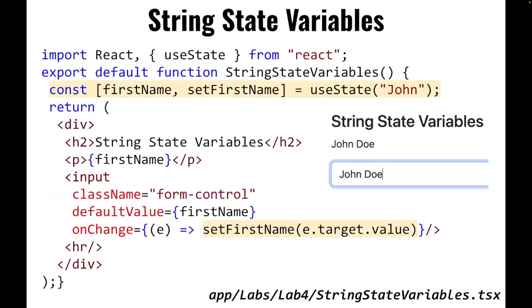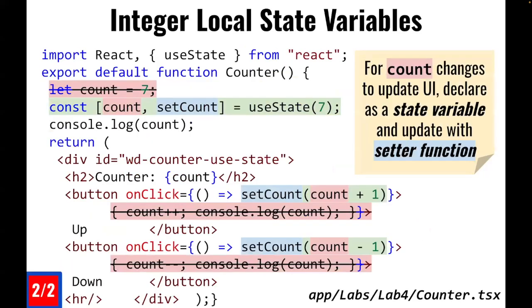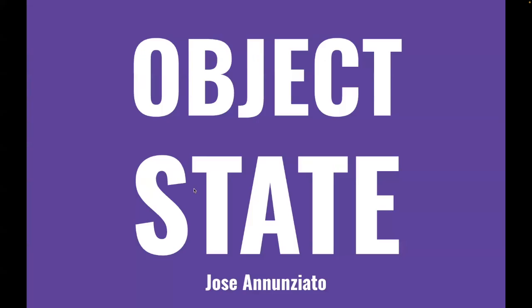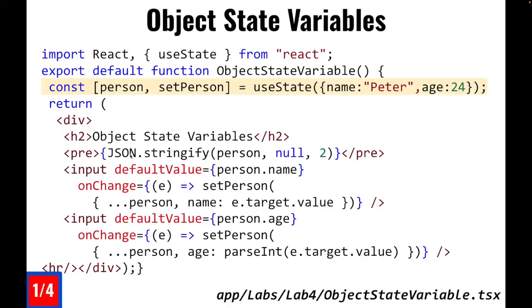Yes? Well, obviously a string knows how to convert itself into a string, but done or count or number already has a string representation, not objects. Objects you can't just say curly bracket person, close curly bracket, right? React.js will complain saying, I don't know how to represent this object as a string. Okay, so you have to explicitly convert it into a string if you want to see it, right?